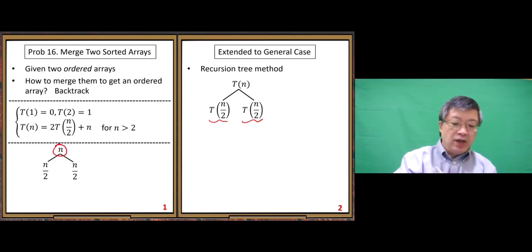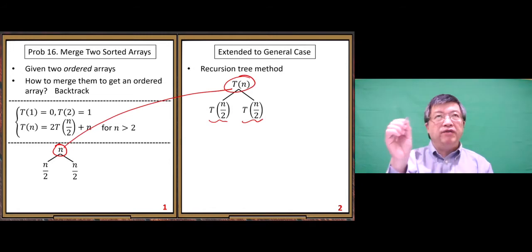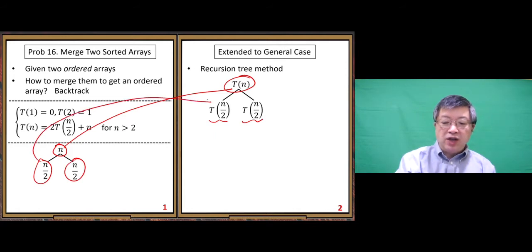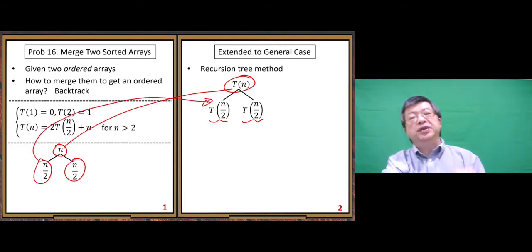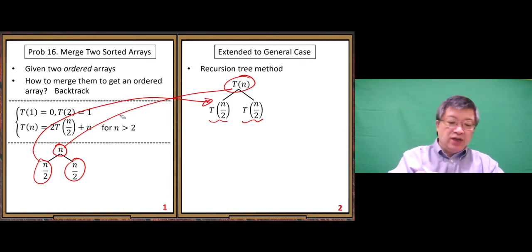At the root, the non-recursion cost corresponds to T of n. Then the two child nodes have the corresponding non-recursion cost for that particular recursive function call.